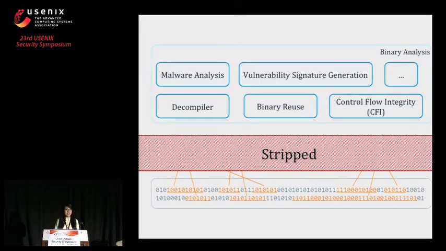However, such function information can be removed by binary stripping, which means function symbols as well as other symbols can be discarded. Stripped binaries are very common, especially those delivered to the public. So without function information, analyses such as decompilation or binary-level control flow integrity may not work anymore.